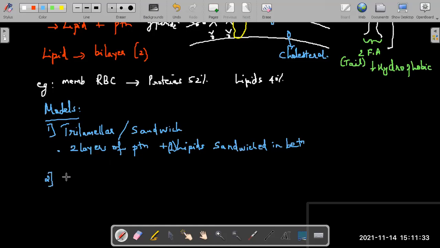Next is the unit membrane concept. This was proposed by Mr. Robertson.